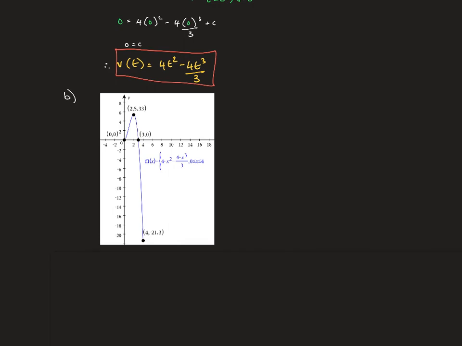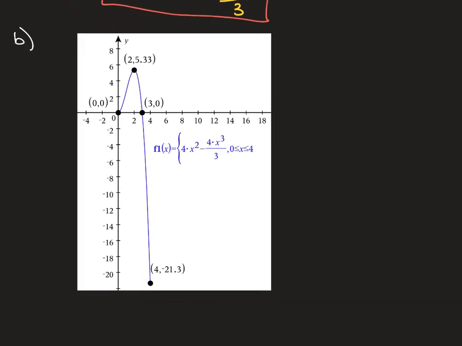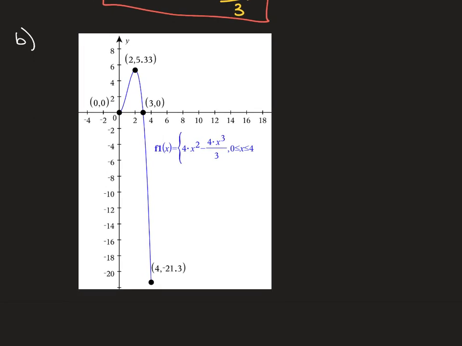So we're asked to sketch the function between 0 and 4, and I found the end points, both of which are included, which is why I could find them. I found them on the CAS calculator by asking for a minimum around this area and asking for a minimum around this area.